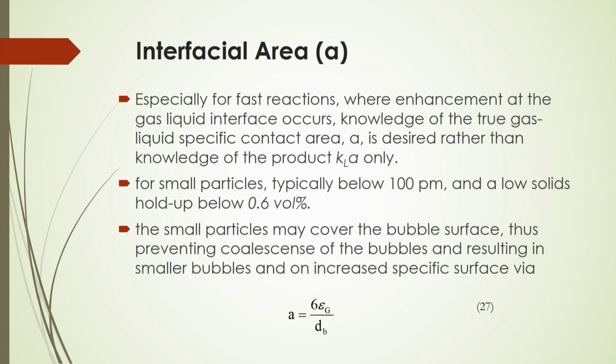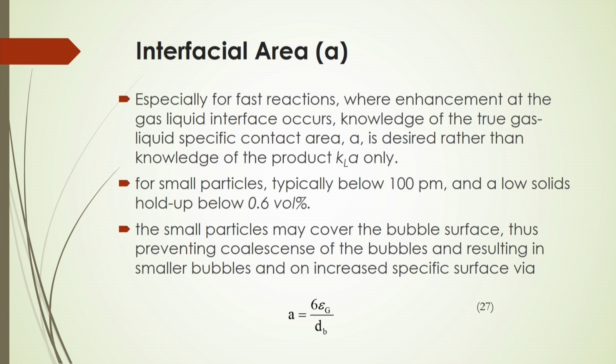So, here A is the specific interfacial area. Now, if we produce finer bubbles inside the fluidized bed, you will get more interfacial area, more overall mass transfer coefficient, and of course, more mass transfer rate inside the bed.